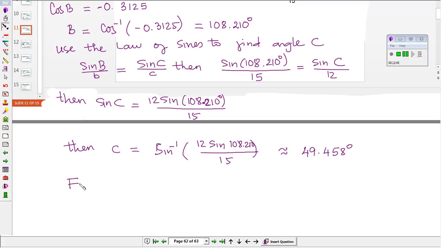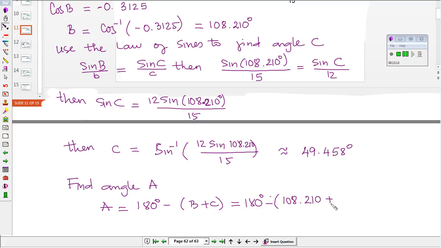So now we know the angle B and the angle C. So lastly, we can find the angle A very easily by taking 180 degrees minus the sum of the angle B and the angle C. So 180 minus the sum of 108.210 degrees plus 49.458.